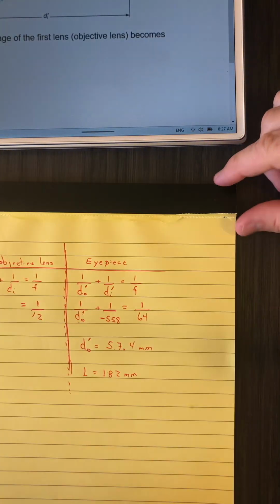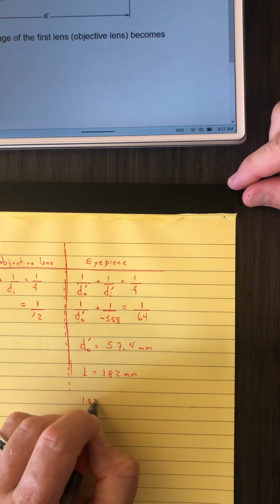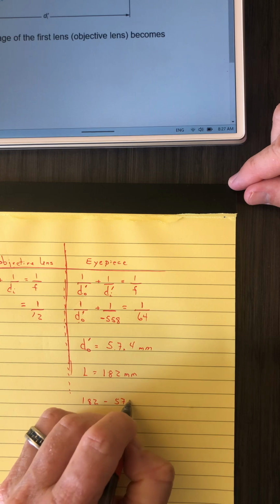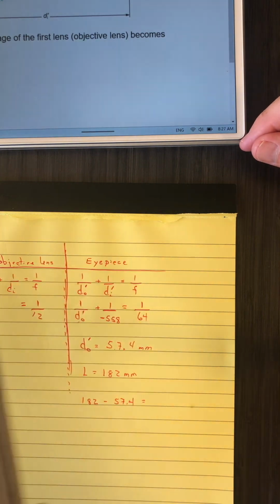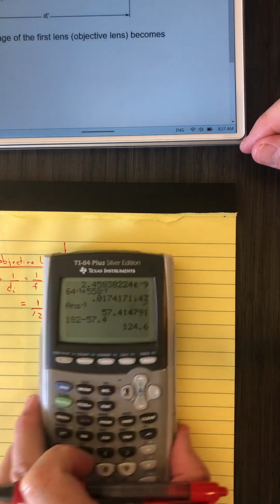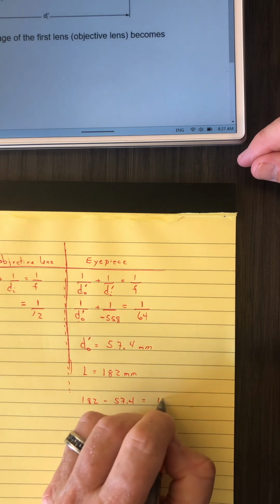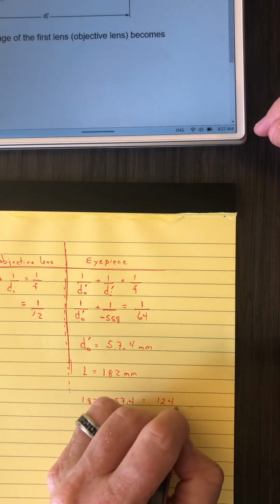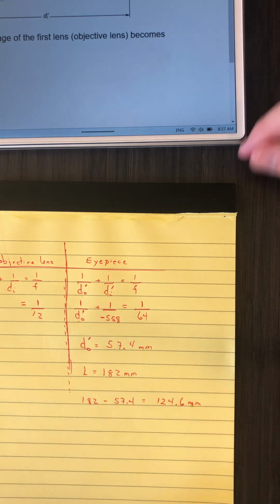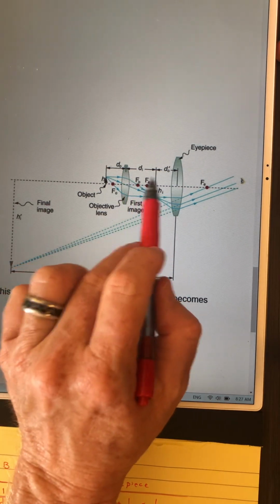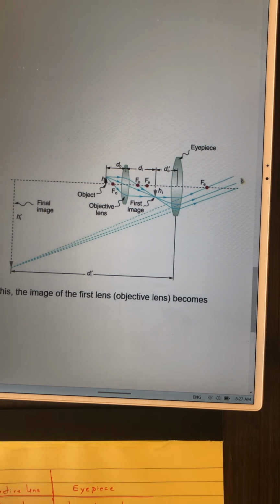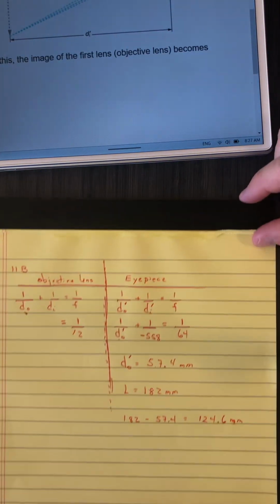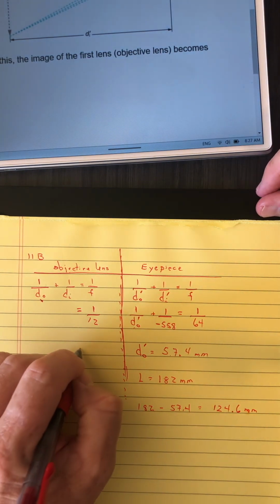So let me do that. 182 minus 57.4, and we're looking at 124.6 millimeters for this distance, which, remember, is now going to be the image distance that is created from this first lens. So I'm kind of working things backwards.